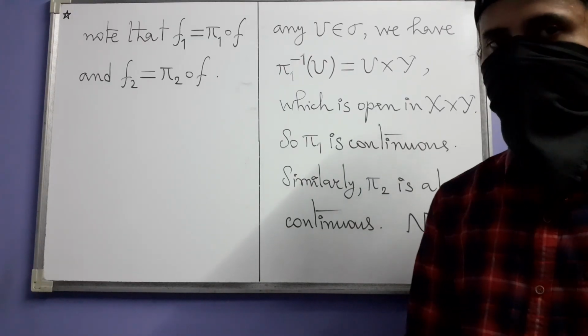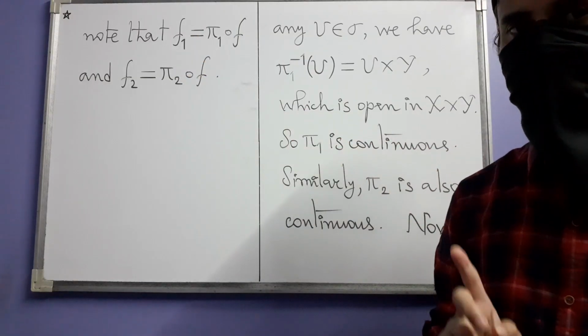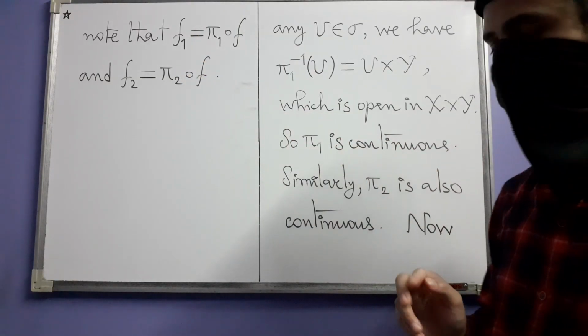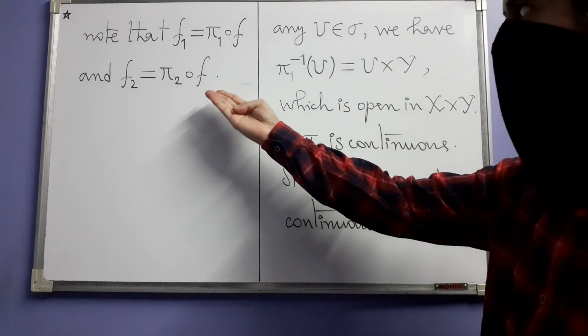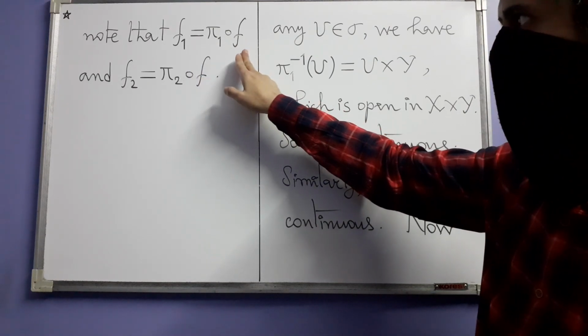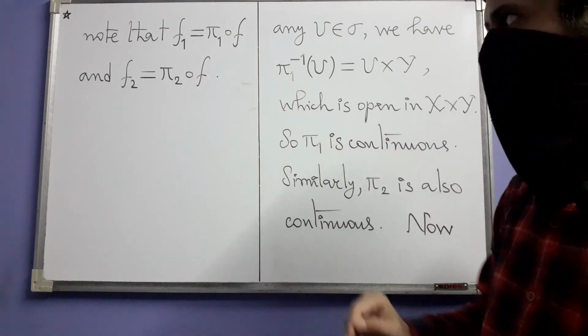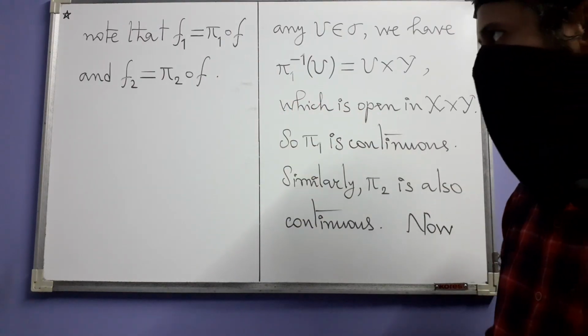Now next, the key observation is this. Those functions f1 and f2 can be given in terms of pi1, pi2 and f, like this. f1 turns out to be the composition of pi1 and f, and f2 equals pi2 composition f. Let's see, for example, how this one is true.